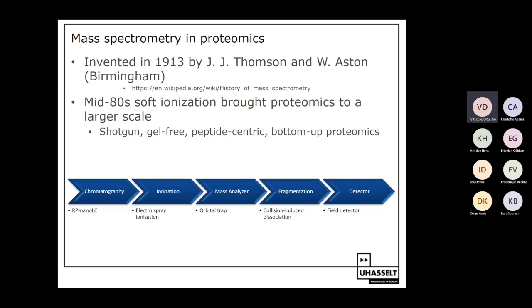Before that, there was Edman degradation or some very complicated analytical chemistry techniques to try to figure out which proteins we're looking at. The identification of one protein would cost one PhD, for example, but that changed in the mid-80s.